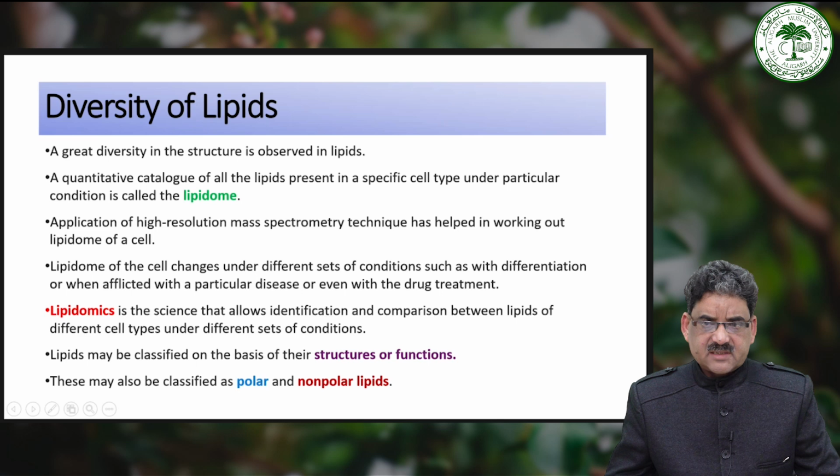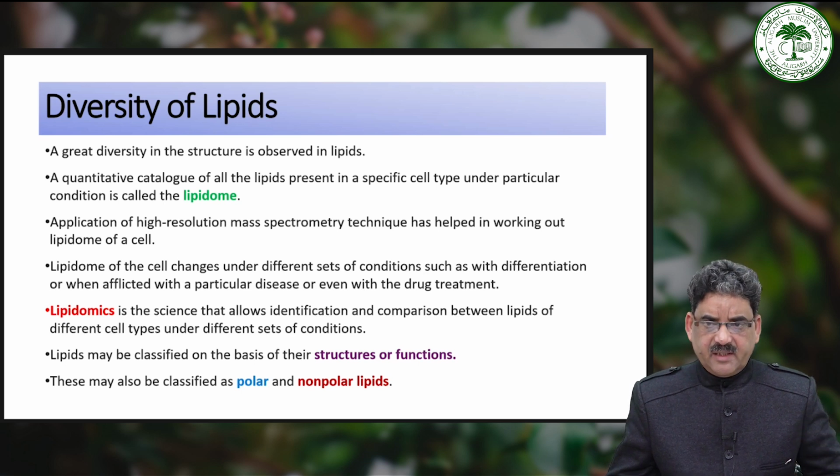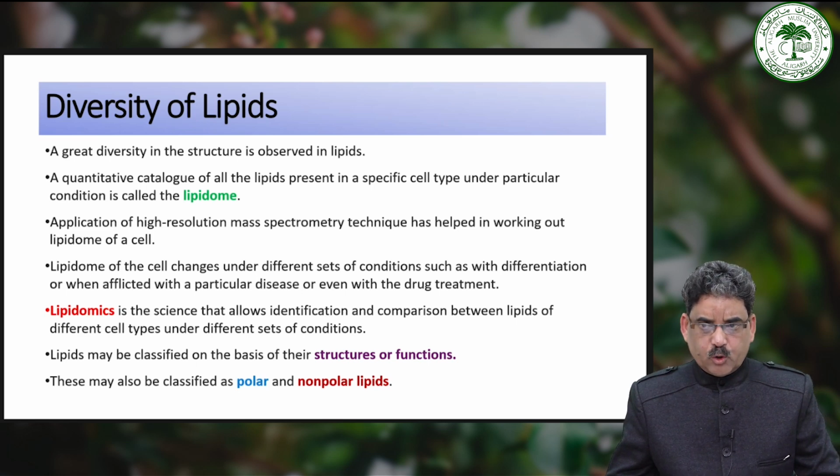A great diversity in the structure is observed in lipids. The quantitative catalog of all lipids present in a specific cell type under particular conditions is referred to as the lipidome. The application of high resolution mass spectrometry techniques has proven instrumental in elucidating the lipidome of a cell.